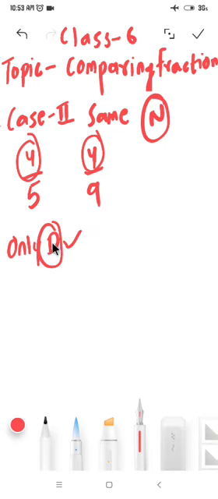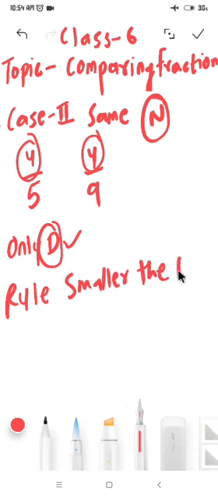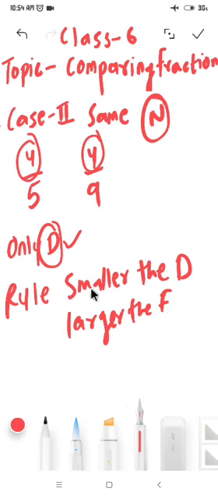Okay, there is a rule for solving this type of question. If the denominator is smaller, the fraction is larger. What is the rule here? Smaller the denominator value, larger the fraction.